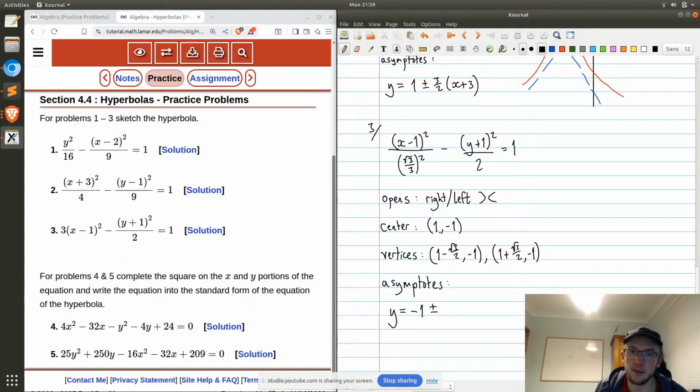That's how it roughly makes sense. So 2 divided by that thing right there, which is the same as 2 multiplied by its reciprocal, so 6 over root 3. So 6 over root 3 is 6 root 3 over 3, so 2 root 3. And then x minus 1, just like that.